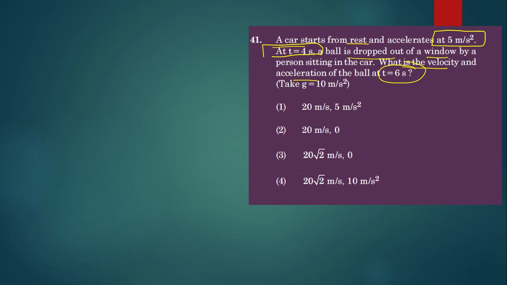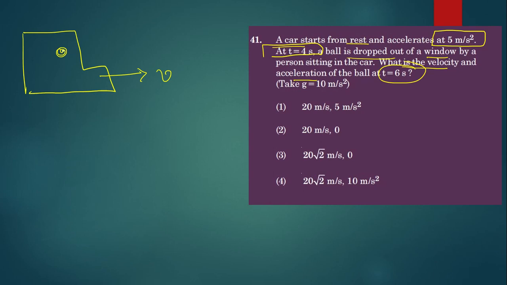Now let us proceed. So the situation is like this. This is the car. It was moving and then it will acquire some velocity. When this particular car will acquire some velocity, the ball inside the car will also acquire some velocity.